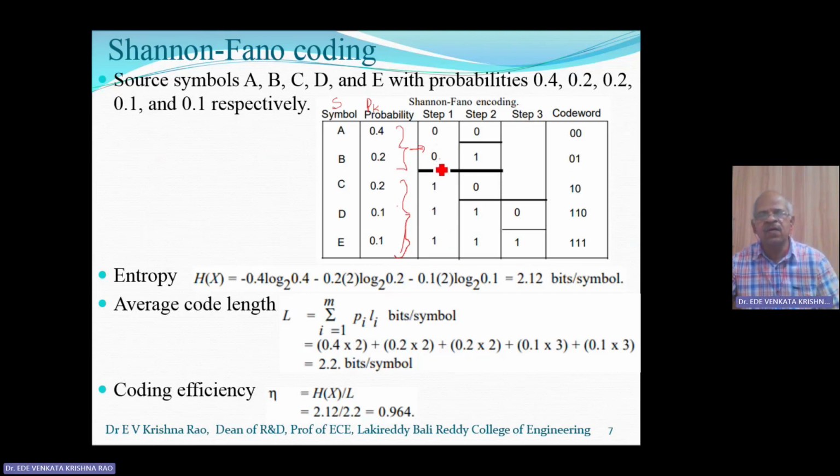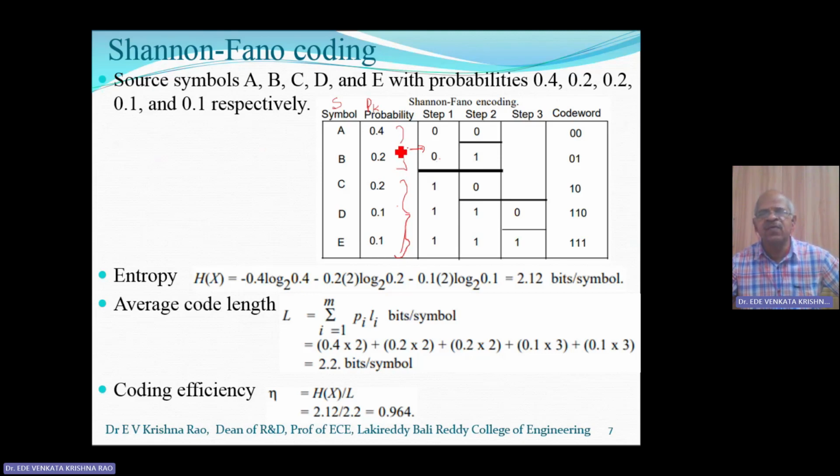My assumption is upper set binary 0, lower set binary 1. Now the upper set again has two symbols, A and B, and again we get a subset with two partitions, with probabilities 0.4 and 0.2.